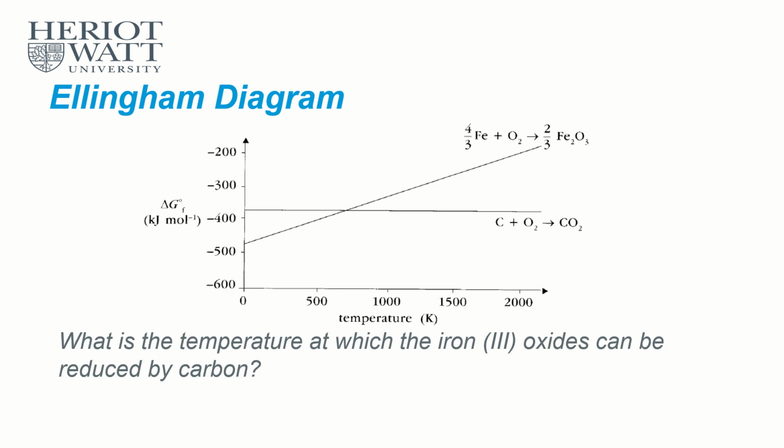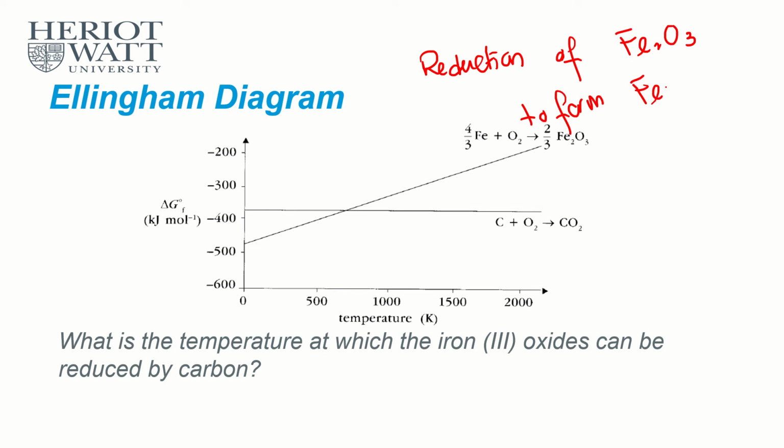Now this is a much simpler Ellingham diagram because it involves only two equations. Basically, this diagram refers to the reduction of iron oxide to form solid iron, like an extraction of iron. You're trying to get pure iron using carbon.